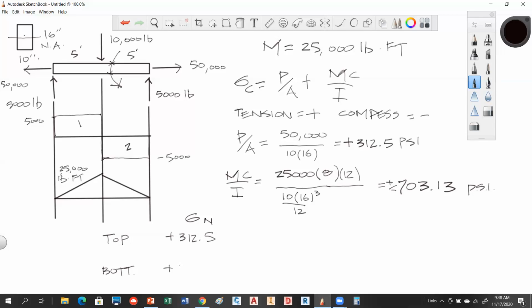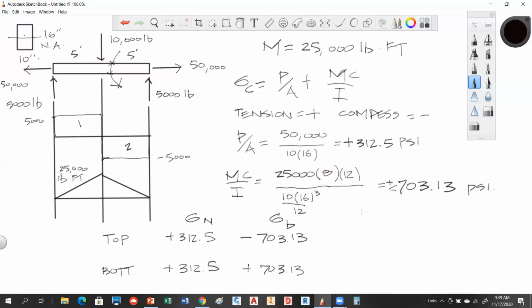And at the bottom, it's also 312.5 psi because that's the same value whether you're top or bottom, because it's a tension force, so it's a tension stress. Okay. If we look at the bending stress, we just said that at the top, we know it's 703.13, but we know it's compression, so we're going to call that negative. And at the bottom, what we have is tension, so it's going to be plus.